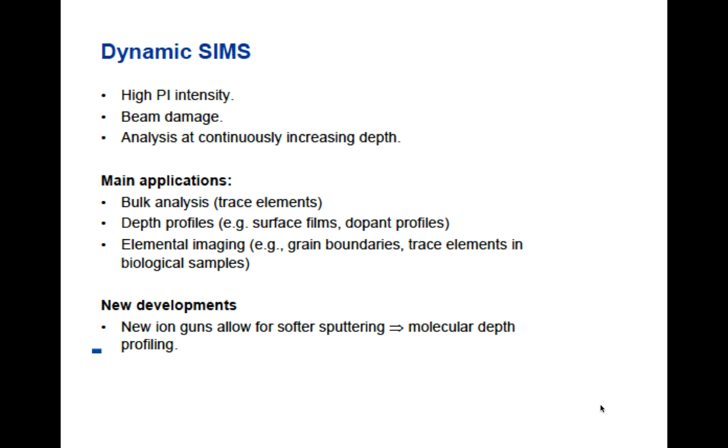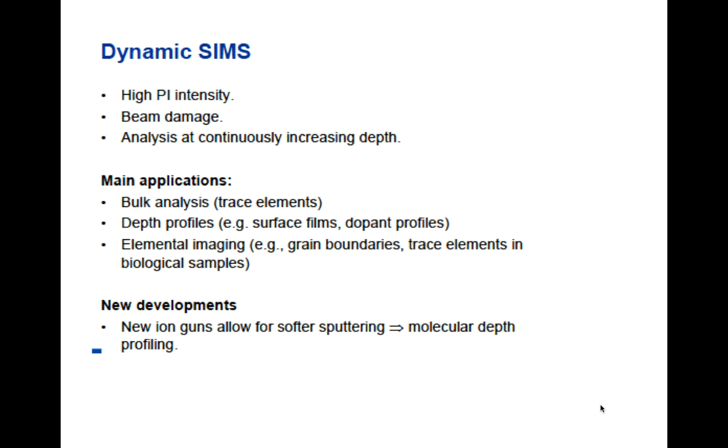So if you want to do depth profiling, then you can use dynamic SIMS. Dynamic SIMS is basically etching the surface and giving you the composition through the thickness of the sample. But then you need a high primary ion intensity. You will damage the sample, and the analysis is continuous as the depth is increased.